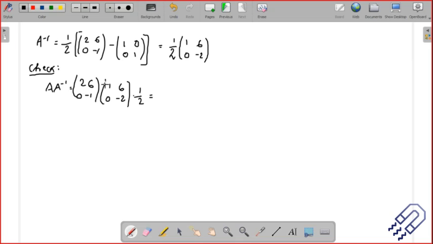Okay, so this is 2 into 1, 2, half, this is 2, this is this into this, 2 into 6, 12, minus 12 is 0, this is 0, 0, 0, 0, this is 0 into 6, minus 2 into minus 1 into minus 2 is 2. We get an identity matrix. This is the identity matrix. So that means my A inverse is correct.